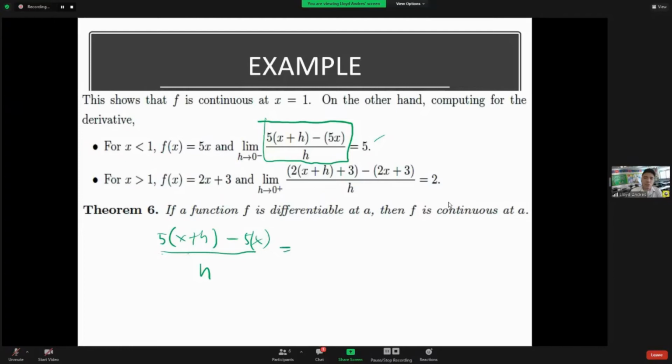So, distributing this one, mahimo siya 5x plus 5h minus 5x over h. 5x minus 5x, 5h na lang nabilin over h. Then, cancellation, ang nabilin ana, 5. Kaya 5 na. So, hopefully naka-follow.